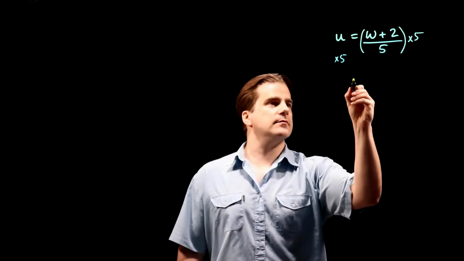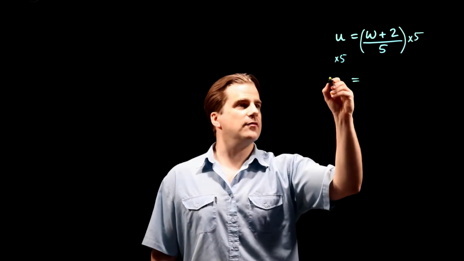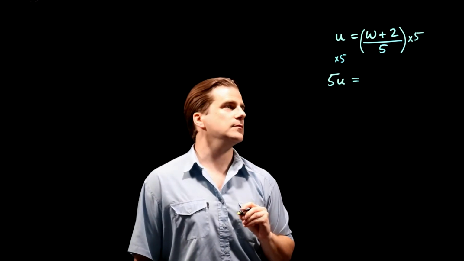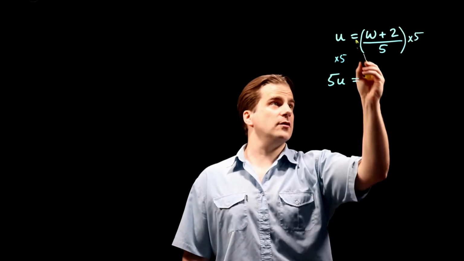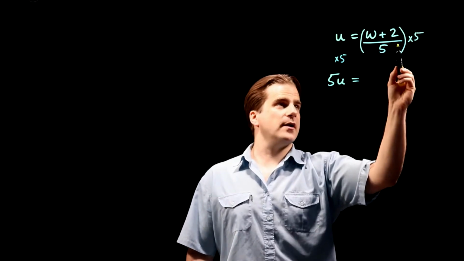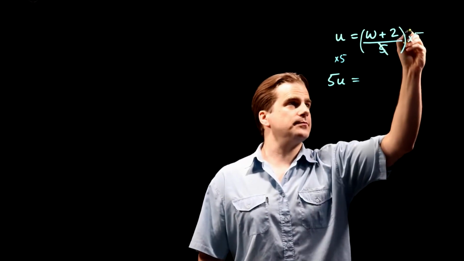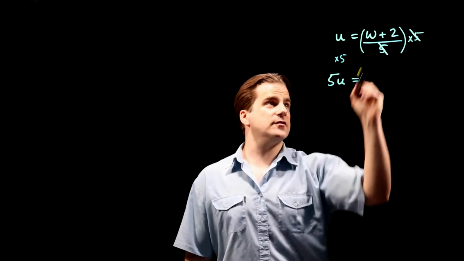Good, so what do we get? We get u times 5 is 5u. Now we've got this whole thing, w plus 2, all divided by 5, all times by 5. So as usual, we can cancel the 5s. And we're left with just w plus 2.